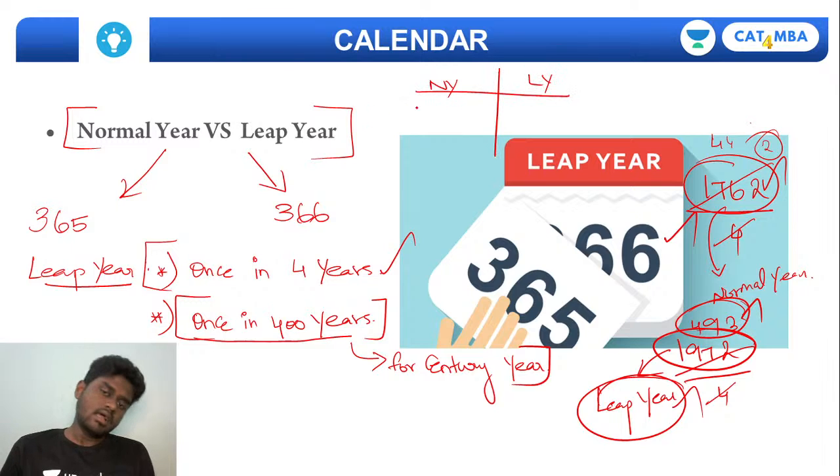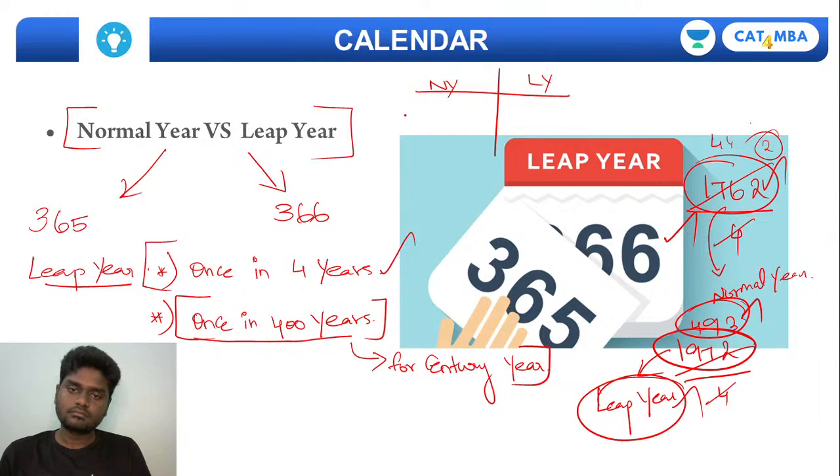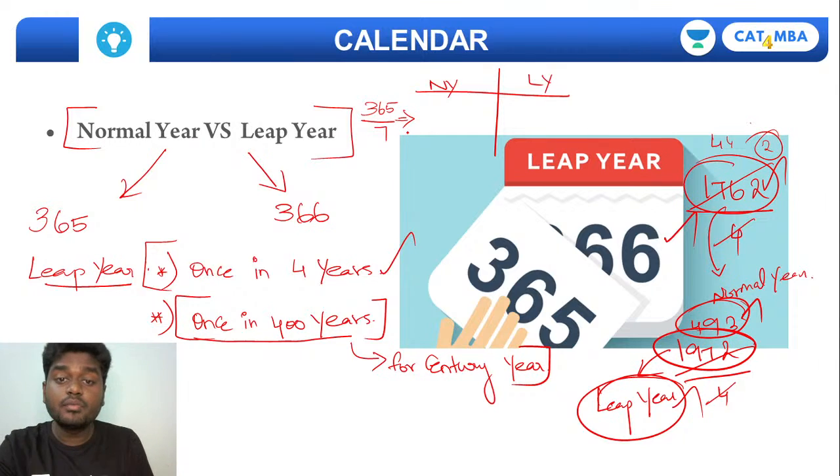If I want to exactly find how many odd days are there in the normal year, how to do that? In a normal year, you have 365 days. Simply divide by 7. What is the remainder we will be getting?